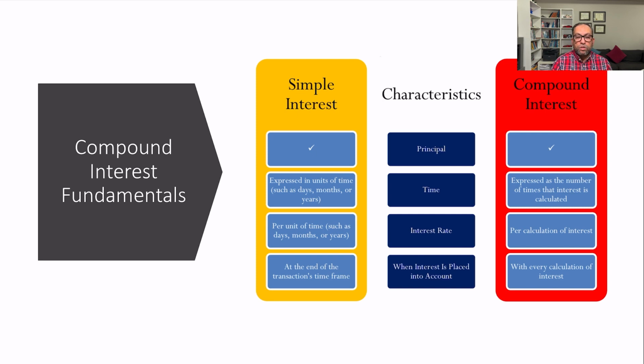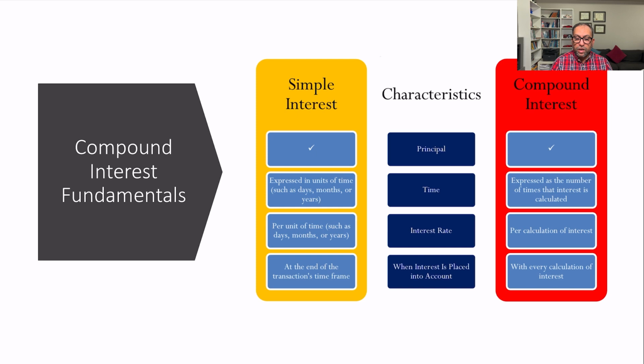Here in simple interest, we just calculate over whatever the time is, if it is 1 year, 6 months. But the compounding is different: at what time the interest is going to be converted into the account, or accrued, and then we charge again for the next period the interest, not only on the principal but also on the accrued interest, per unit of time, such as days, months, or a year.